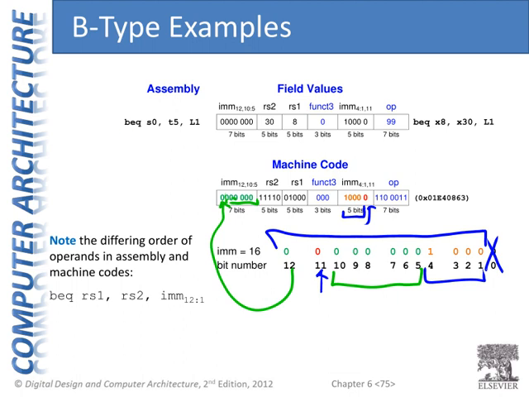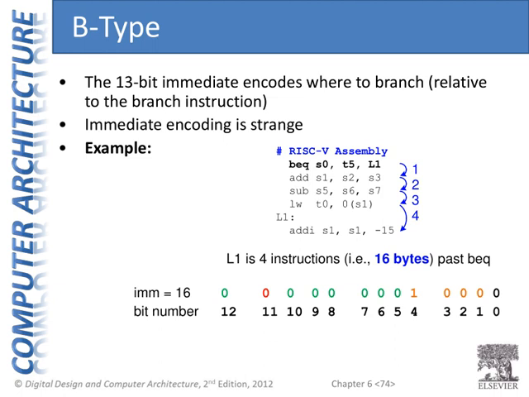So in this case, we have branch if equal S0, T5, L1. Again, we're using this RISC-V assembly code snippet that we just looked at.